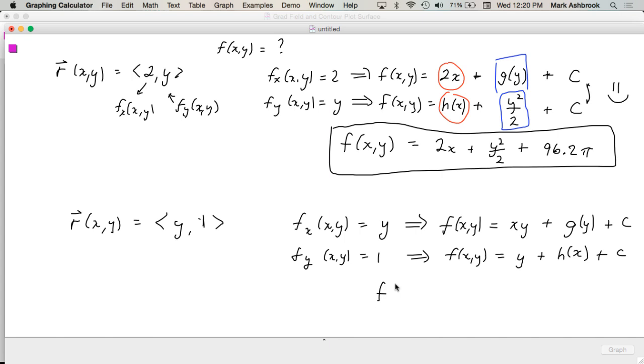Okay, so what is the potential function? Again, if this is the partial with respect to x and this is the partial with respect to y, we need to be able to write f. This needs to show the same function f.